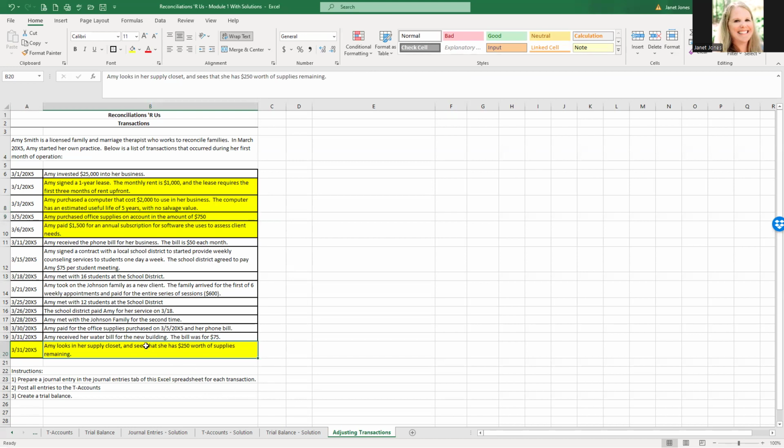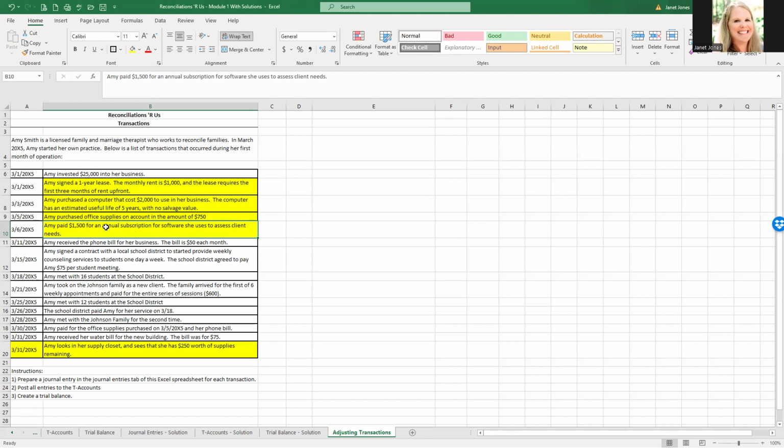So again, this is another deferred expense where we're going to have to reflect that she has used up worth of supplies. And then the last one, another example of a deferred expense, she paid for an annual subscription of $1,500, and she is using up part of that subscription.